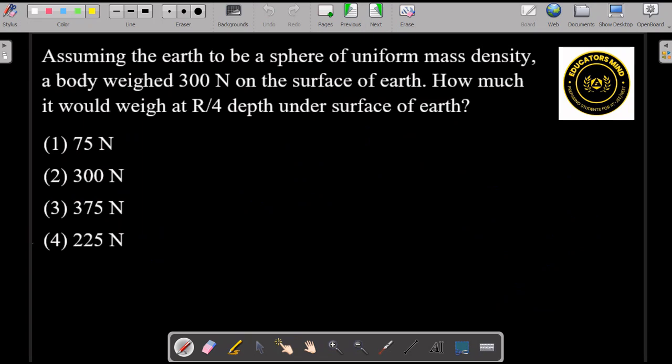Assuming Earth to be a sphere of uniform mass density, a body weighs 300 Newton on the surface of Earth. So weight is m into g at the surface of Earth, this is given as 300. Mass does not change, g changes, right? How much will it weigh at R by 4 depth? So at a depth d below the surface of Earth, this depth is R by 4.